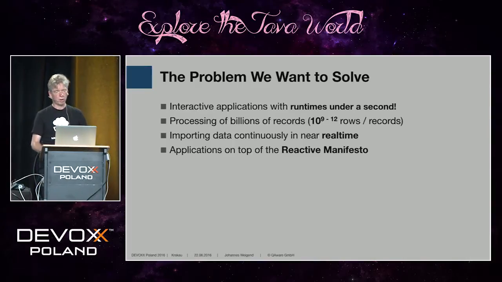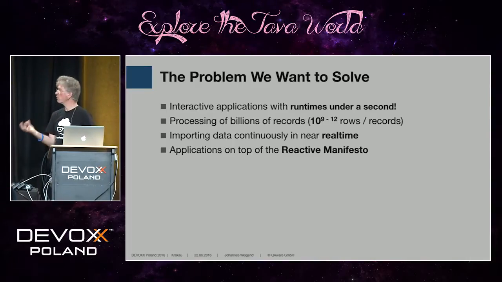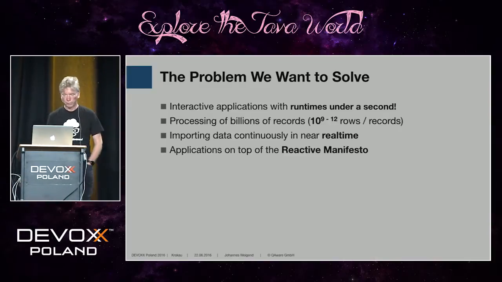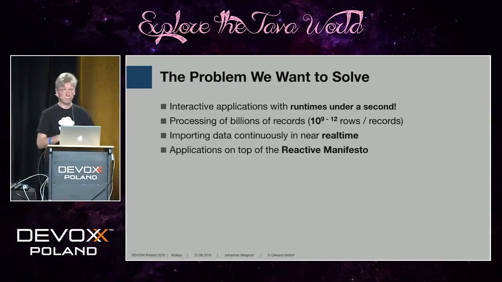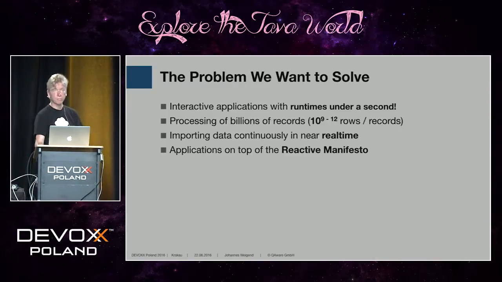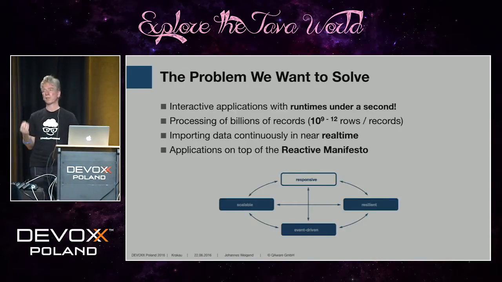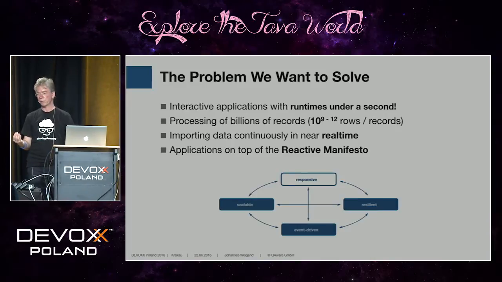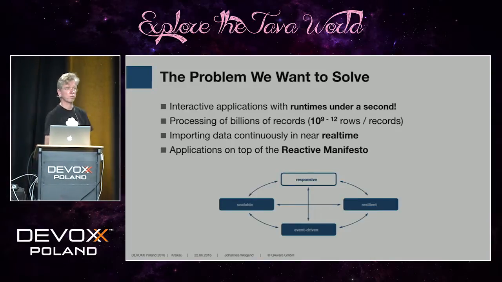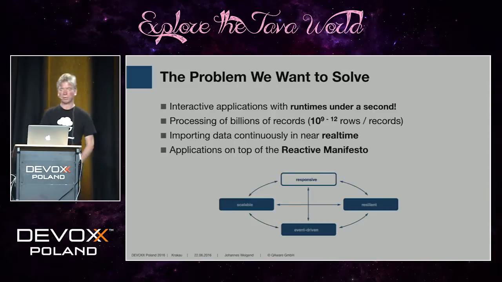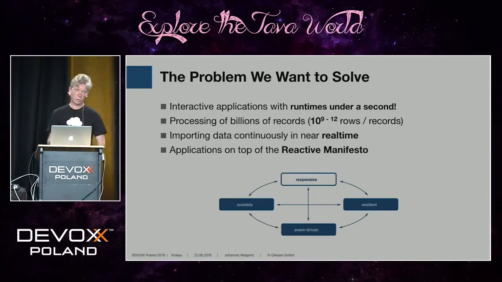And we are all developers today facing the problem of cloud computing. We want to have resilient applications, which means that they are fail-safe. If one node goes down, the application works well.